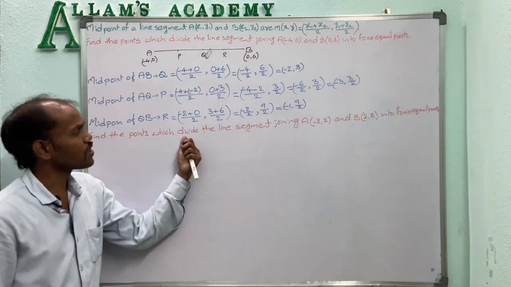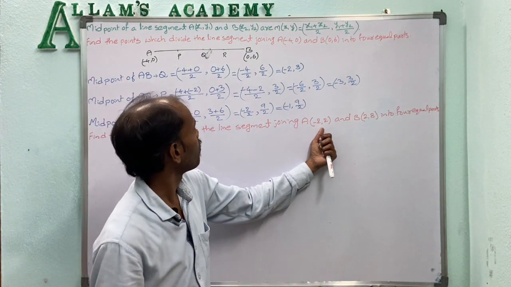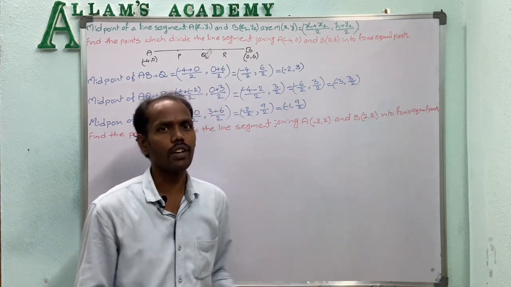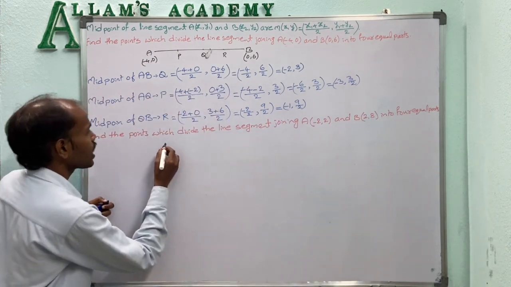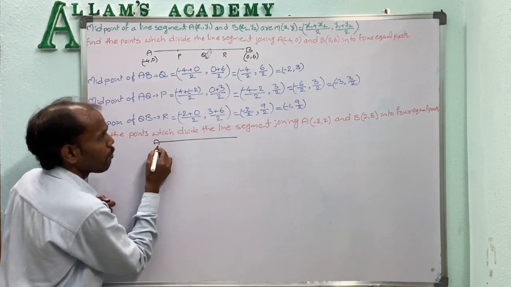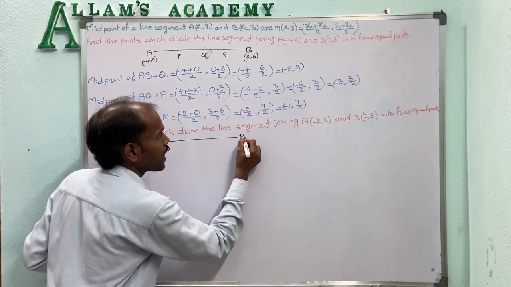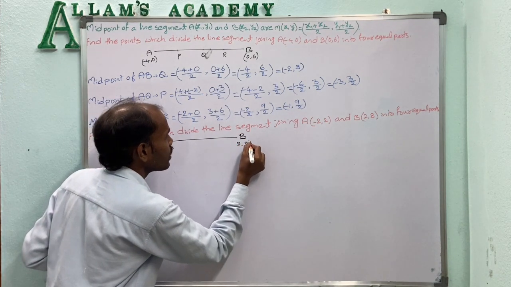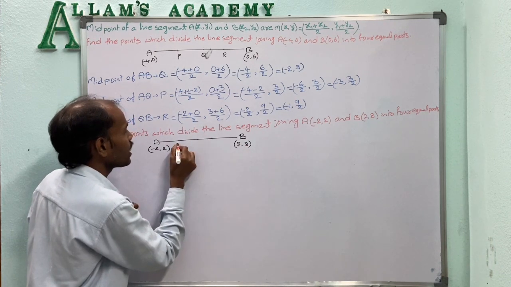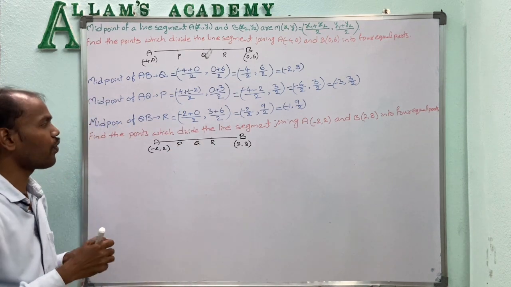Find the points which divide the line segment joining A of minus 2 comma 2 and B of 2 comma 8 into 4 equal parts. That is the question given. So here the points A of minus 2 comma 2 and B of 2 comma 8 are divided into 4 equal parts, and the dividing points are P, Q, R. That one we have to find.